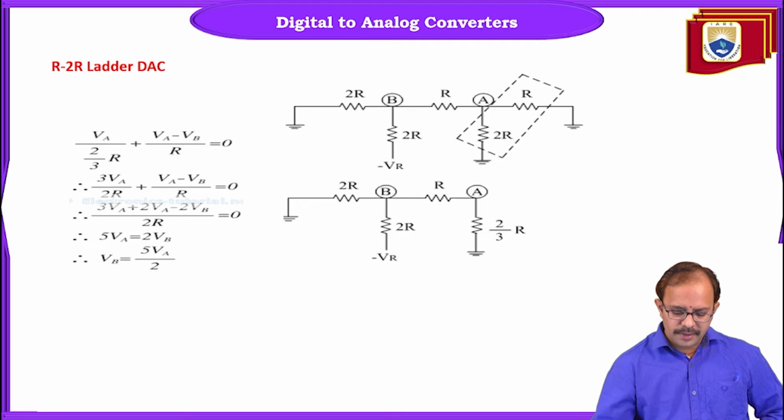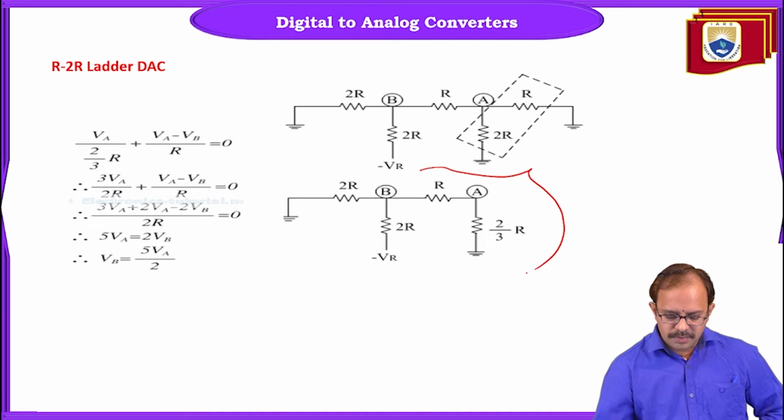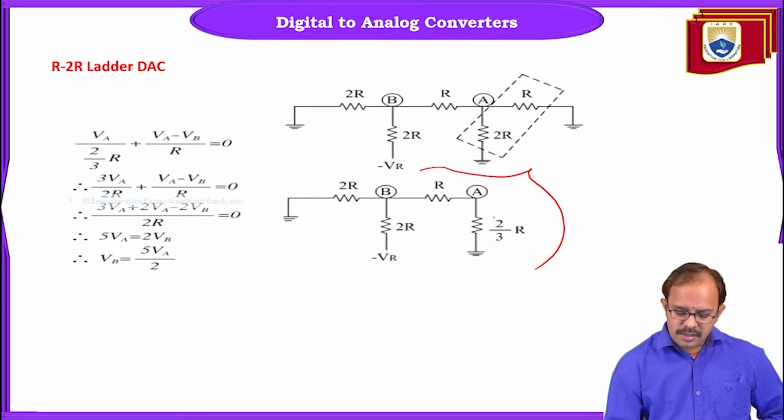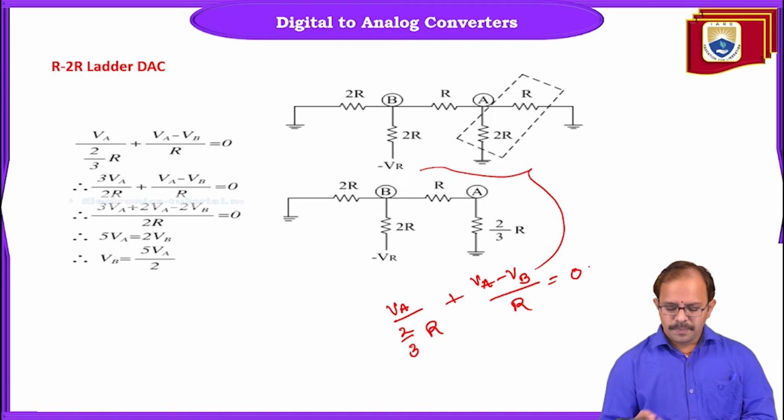Considering the node A alone, what are the possible currents across this node? One is going to be VA by 2/3 R, plus VA minus VB by R, and it is connected to the ground, so it is 0.